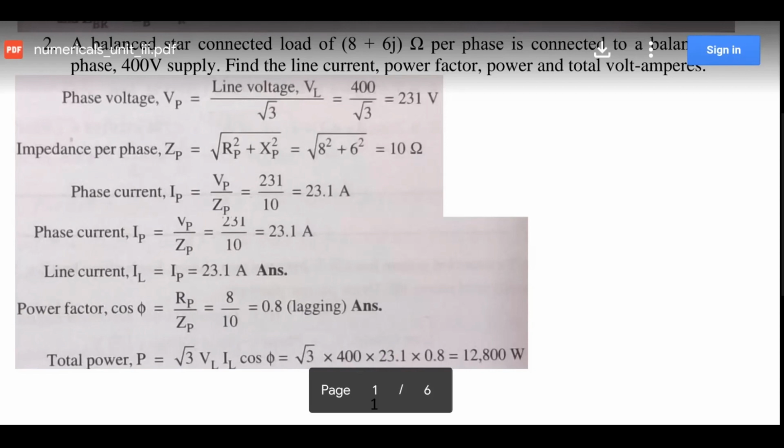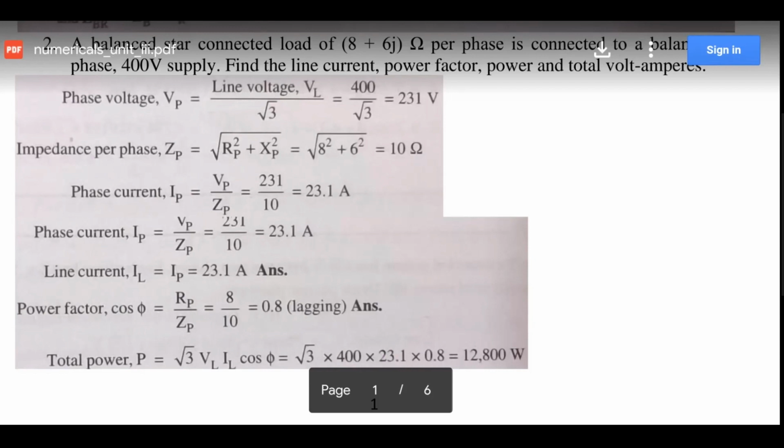Next, what else is to be calculated? Power factor. From the impedance triangle, which we have explained earlier in the theory, we know that the power factor is R by Z. It is the ratio of the resistance to the impedance.